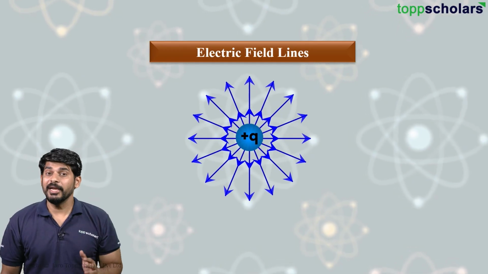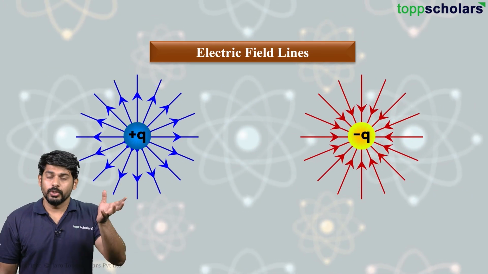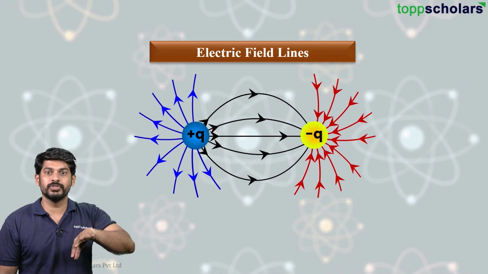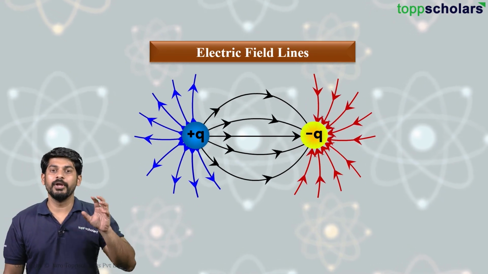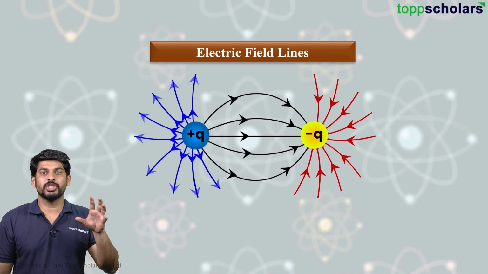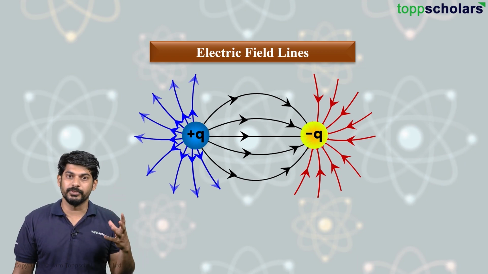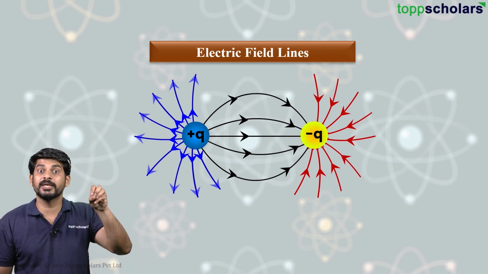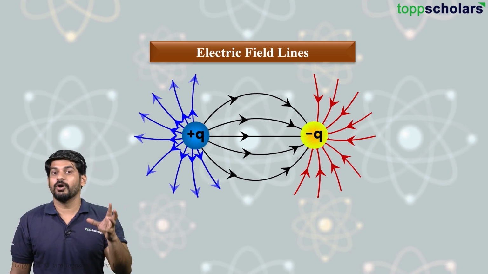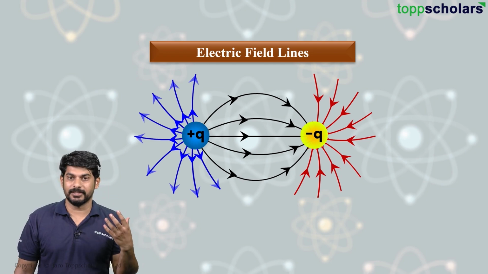Okay, now let us understand what we mean by electric field lines. To help us understand the mechanism of exerting forces on each other, we have introduced a concept called electric field lines. Every charged particle has electric field lines around itself, or we can say these are theoretical constructions to understand the forces or the electric field around the charges.